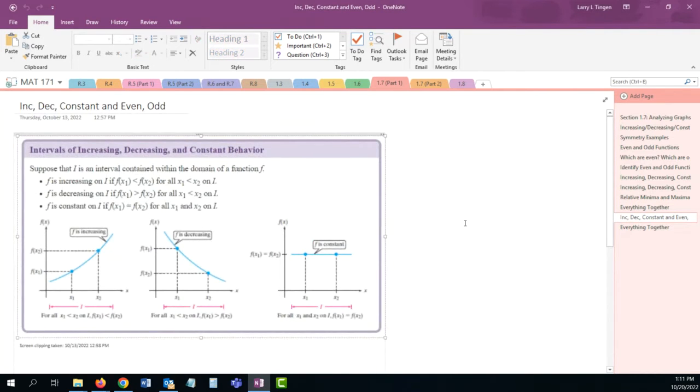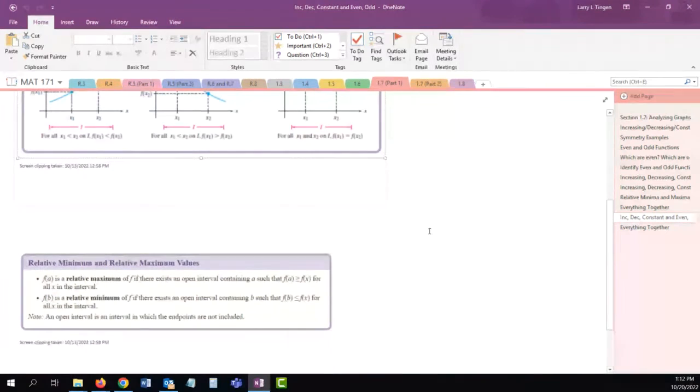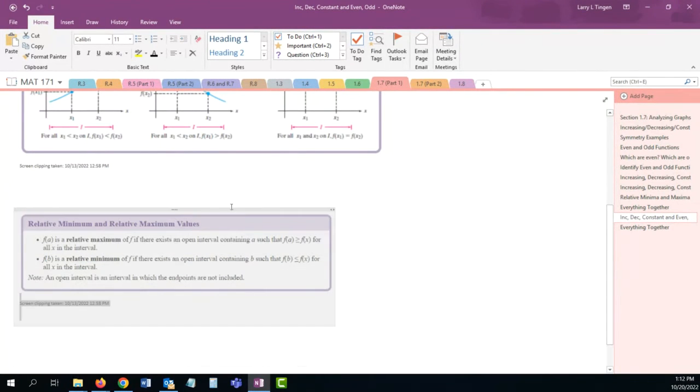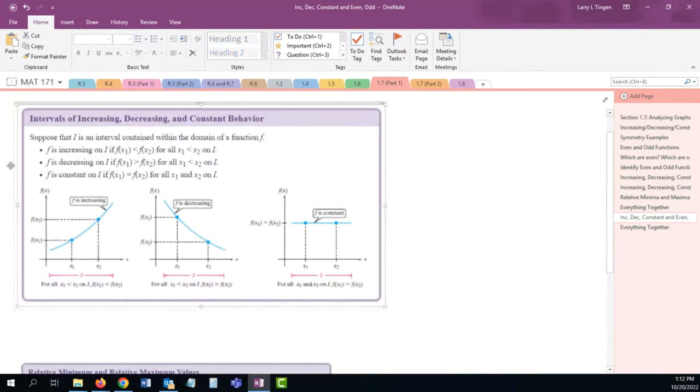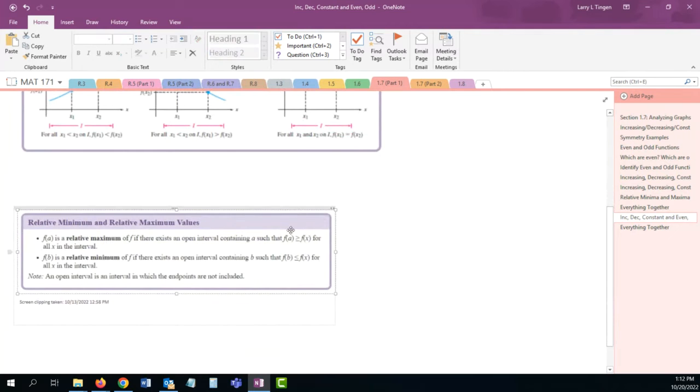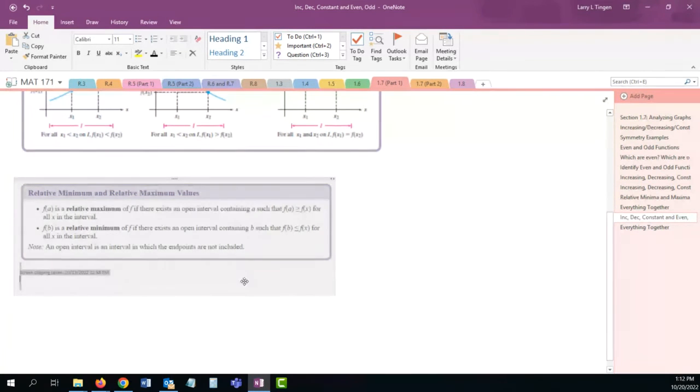So we've got two more examples, and this last page is just the definition again of intervals increasing, decreasing, and constant, and the definition down below of a relative max and a min. So we're finally putting it all together, because it turns out the relative max, the relative min, and all of this content is based on intervals.